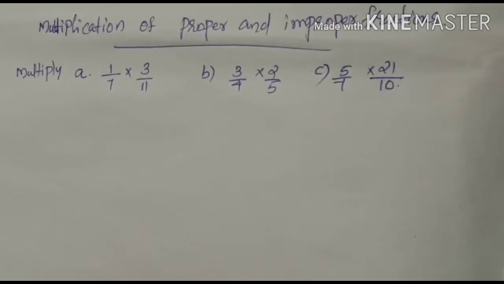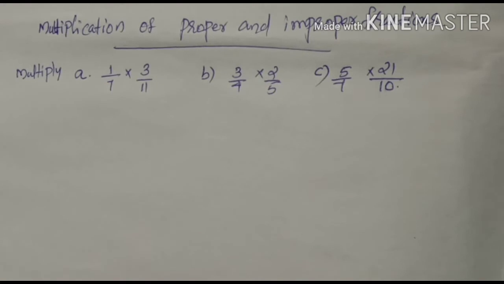Next is multiplication of proper and improper fractions. Multiplication is very easy. We can multiply the numerator and multiply the denominator. We can easily do that.